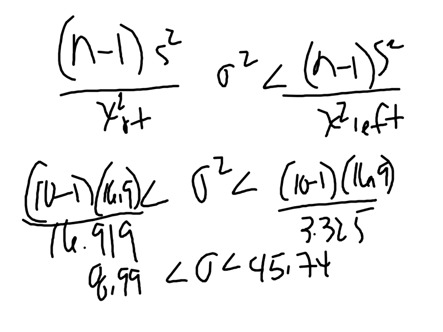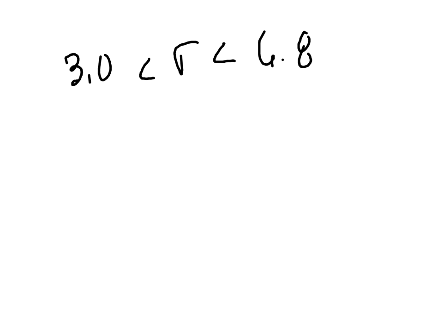And then, of course, what we're looking for is a standard deviation in almost all cases. So we would just take the square root of everything, and we would get the standard deviation falls between 3.0 and 6.8.